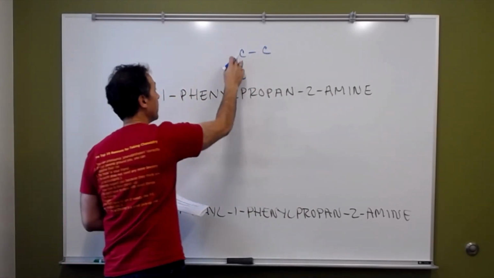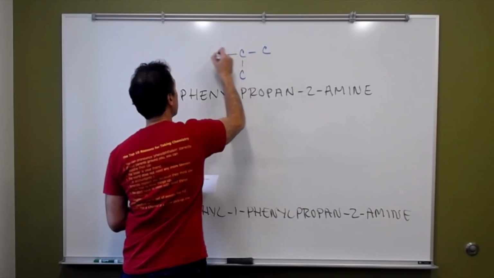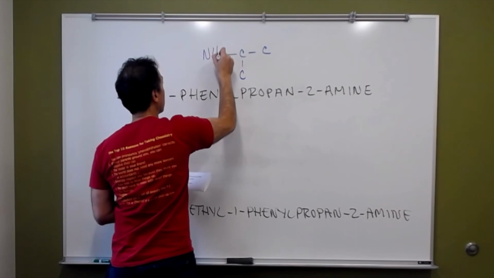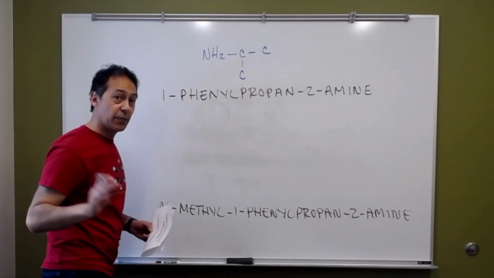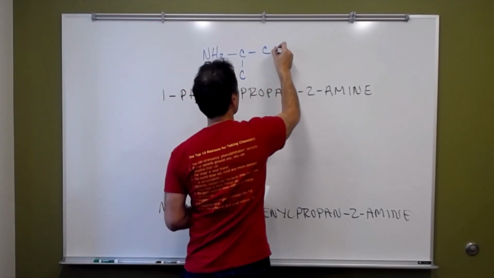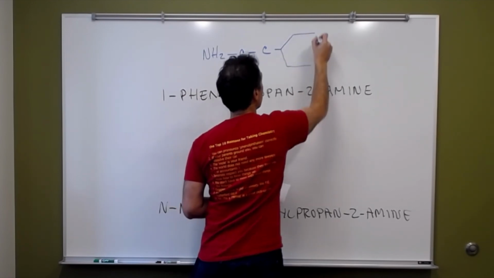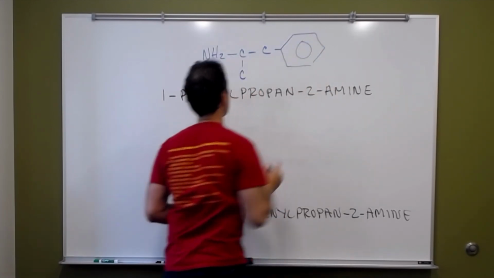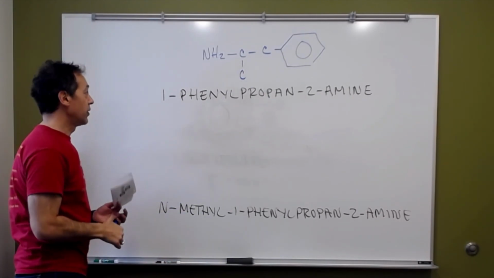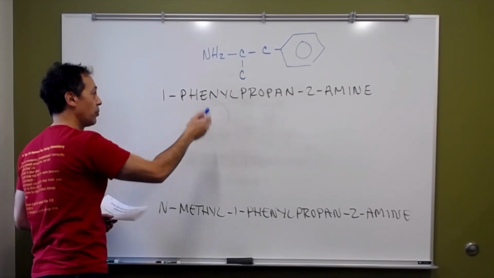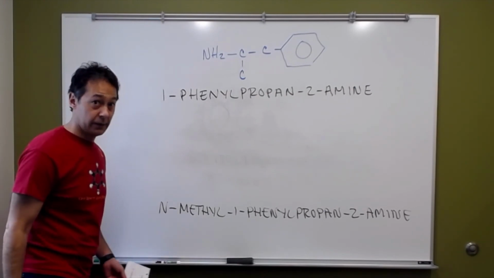And then coming off of the second one here is going to be my amine. Okay. And then it says coming off of the first carbon is my phenyl group. And remember, phenyl is just a fancy name for a benzene ring, like that. Okay, now this one has another name, this 1-phenylpropan-2-amine. The other name for this molecule is amphetamine.